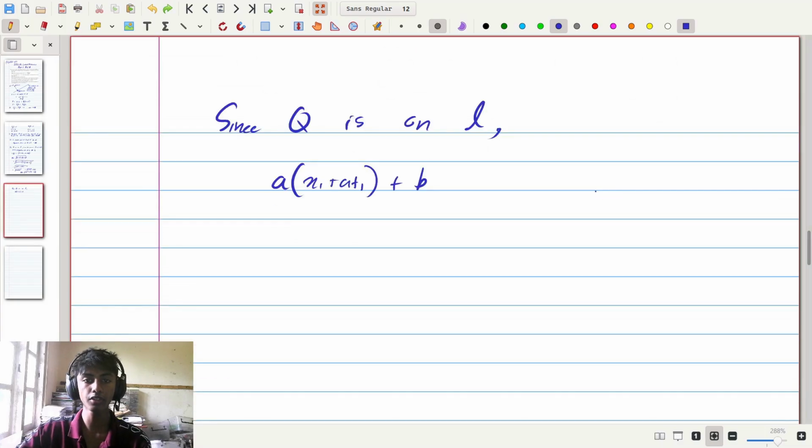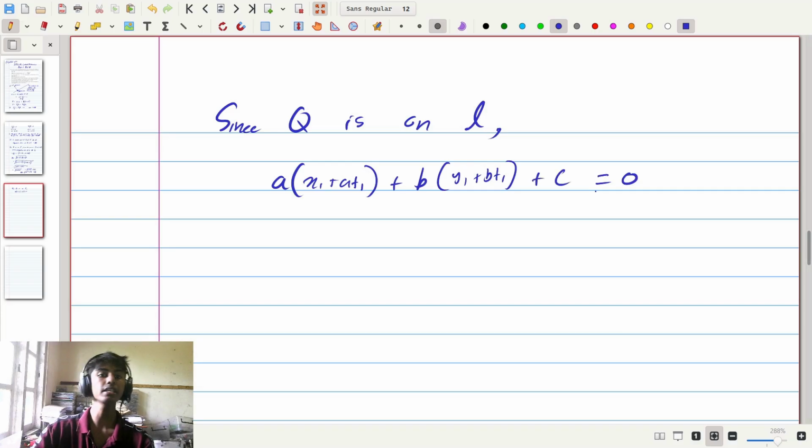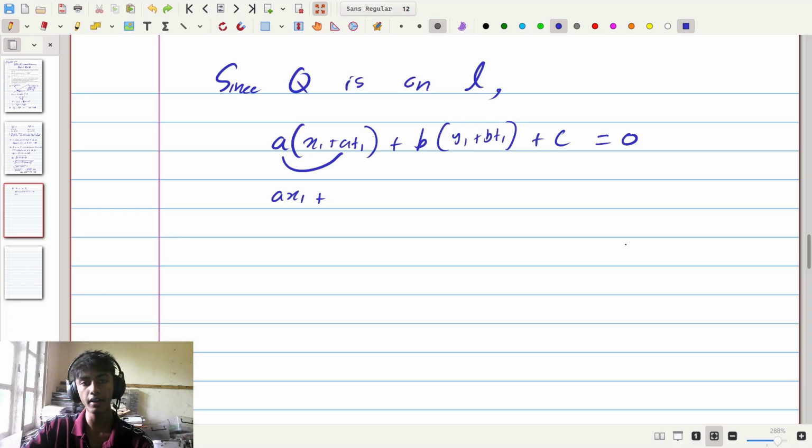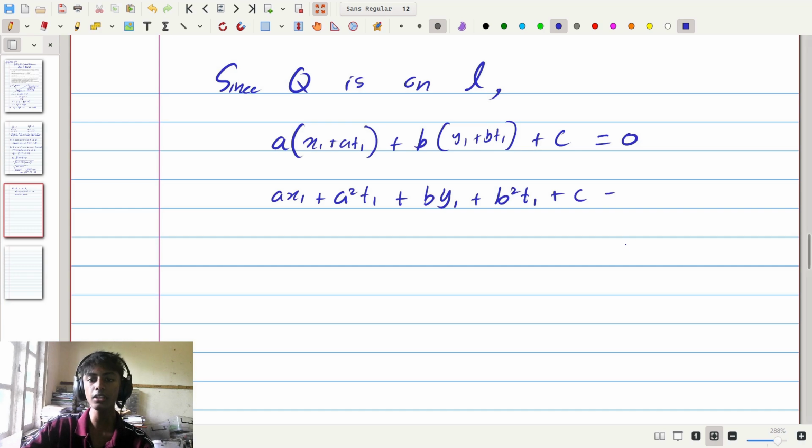So we can write plus B times Y1 plus BT1 plus C must be equal to 0. Now if we rearrange this, by expansion, we get AX1 plus A times AT1, which is going to be A squared T1, plus BY1 plus B squared times T1 plus C equals 0.